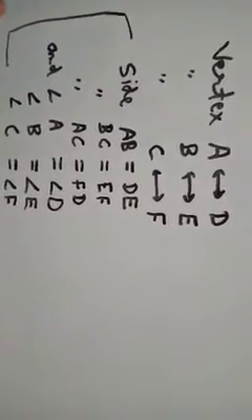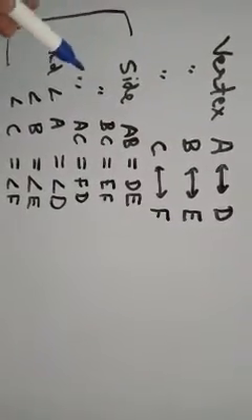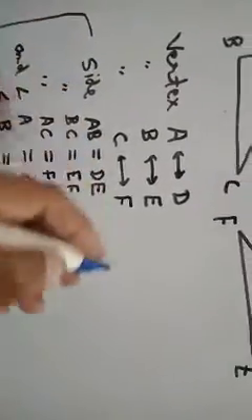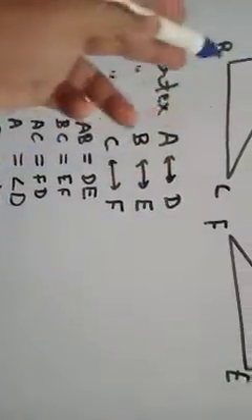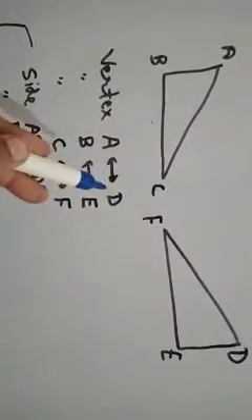So if we need to check congruence of two triangles, we just compare their sides and angles, not vertices. So one triangle ABC coincides with triangle DEF like this.